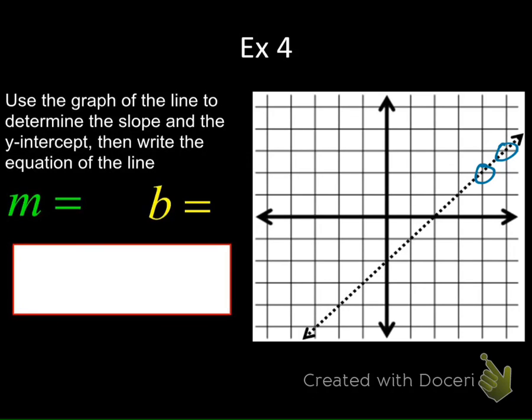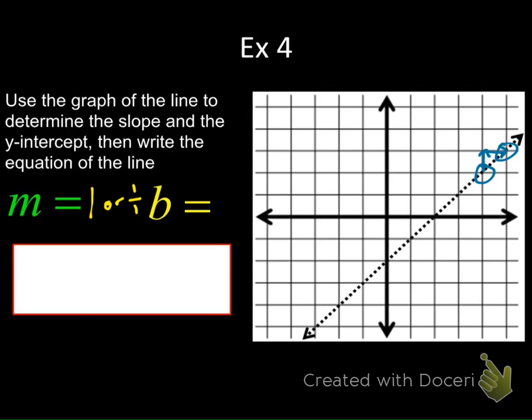Jaden, do you know what m equals? Slope. We have our two lattice points. What's my rise over run? One. Yeah, so we just went up 1 and over 1. So m equals 1, or however you want to write it, 1 over 1.